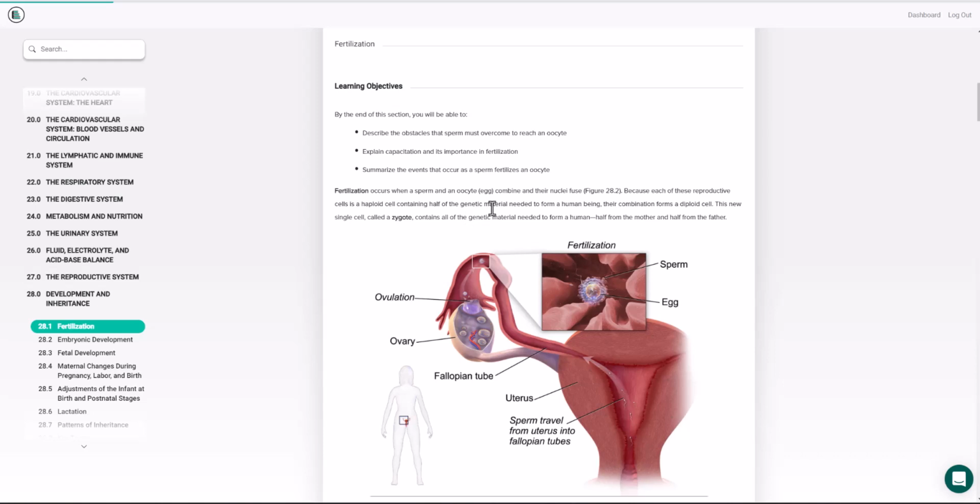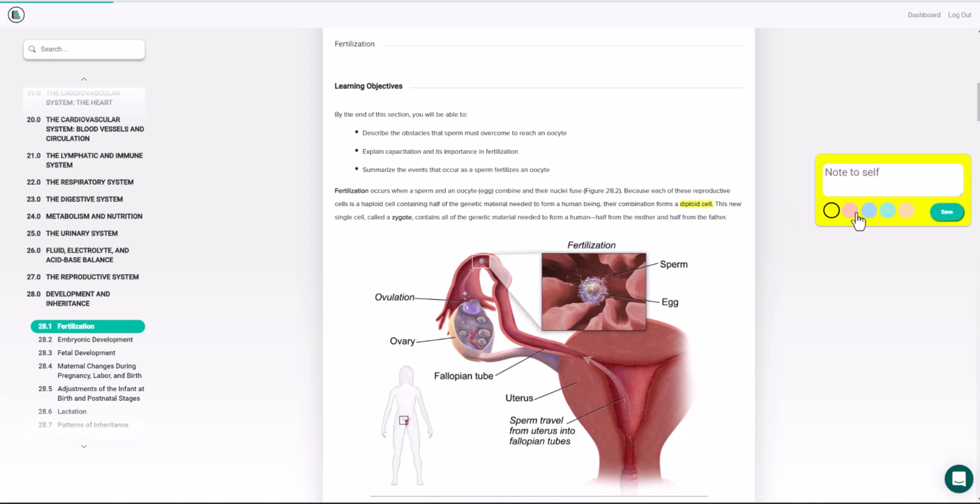Remember, the egg and sperm are both haploid, each containing only one copy of the chromosomes, and now the zygote, the union of the egg and sperm, contains two copies of all the chromosomes, and we say that that first cell, the zygote, is diploid.